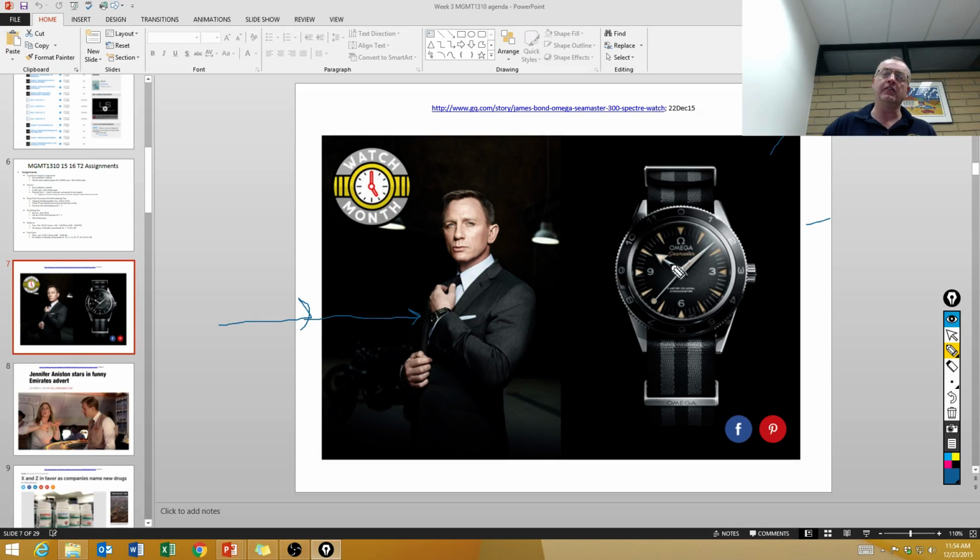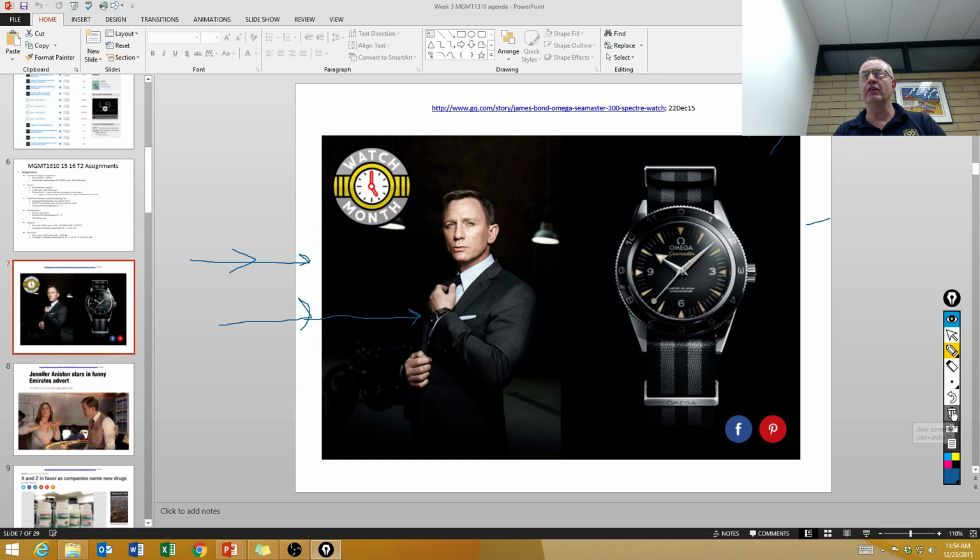Guys like to think of ourselves as these heroes that can save the world from some kind of destruction. And so guys look at themselves as James Bond type of personalities, and so marketers use our self-image to try to market these expensive watches to us.